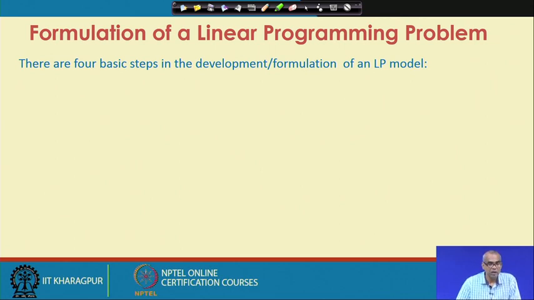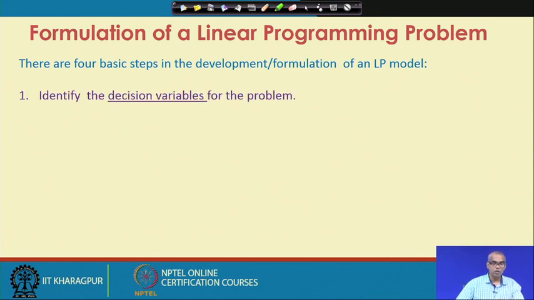Now, let us see how do I formulate a linear programming problem. There are 4 basic steps involved in the formulation of a linear programming problem or linear programming model. First, we need to identify the decision variables for the problem.